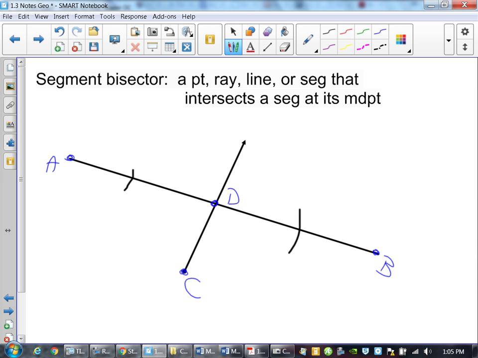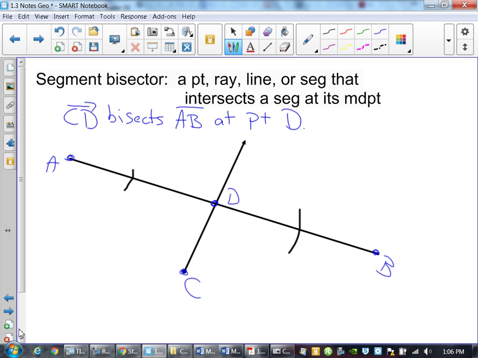What it might look like written out: ray CD bisects AB at point D. That's what that would be written as. Ray CD, because it's got the bar with the arrow on it, saying that C is the endpoint, it goes through D. It bisects AB, the other segment, at point D. And that's how you would draw that.